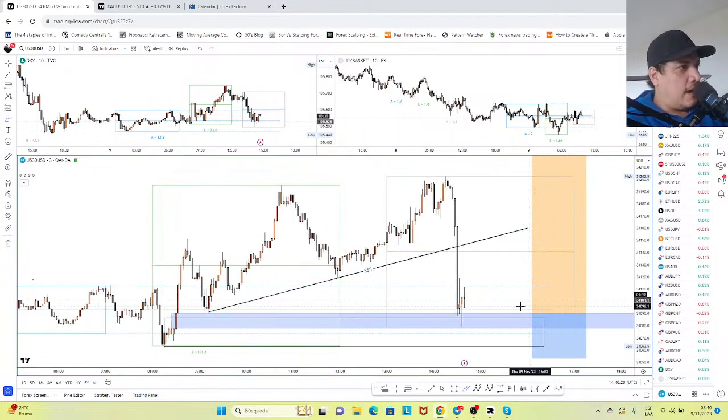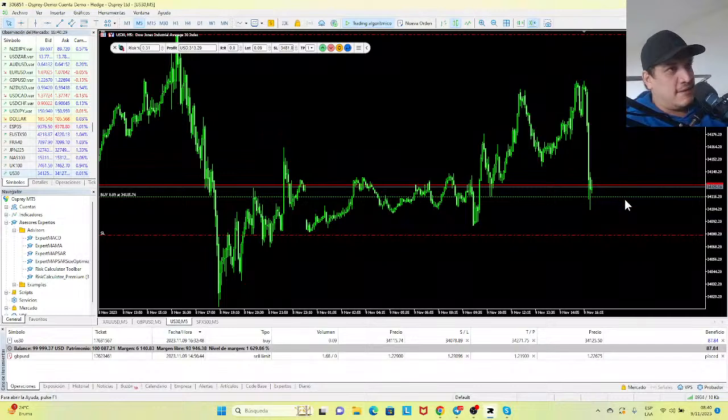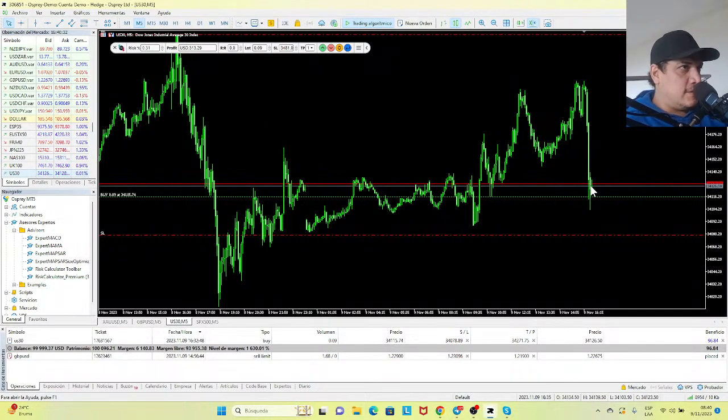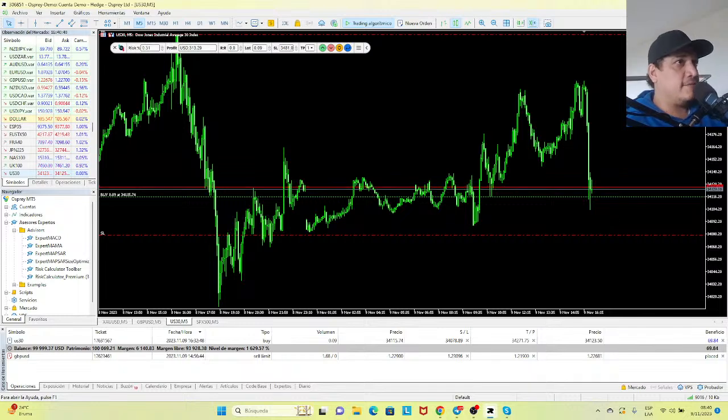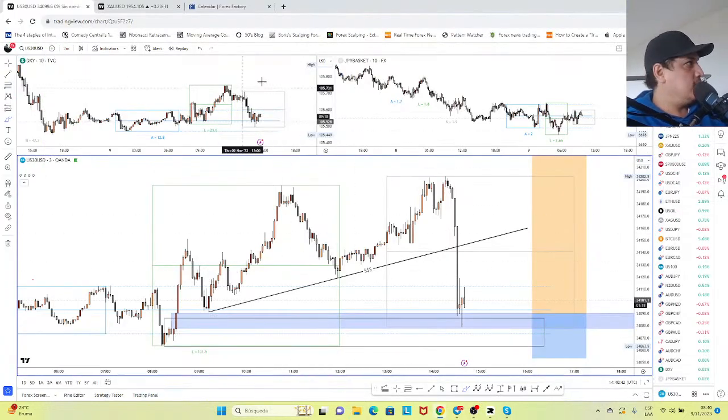I don't move stop losses to break even too fast because that's reacting to price, and I don't do that. I would have gotten stopped out at break even by now. I could move my stop losses here below these lows, mitigate my risk to half, but won't do that either.